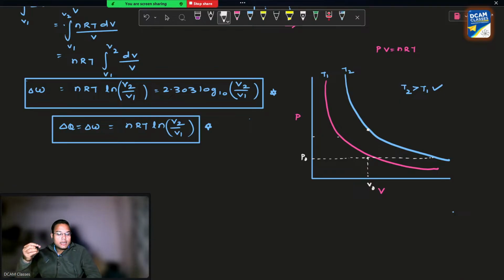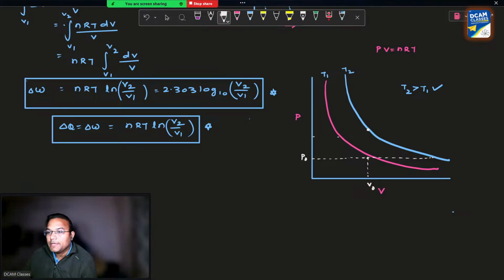That can only occur if I take the same volume. See, volume is the same, V naught, then P by T should be constant.